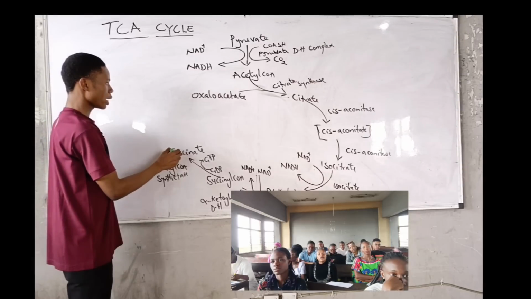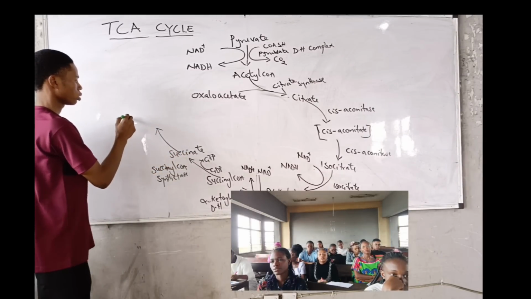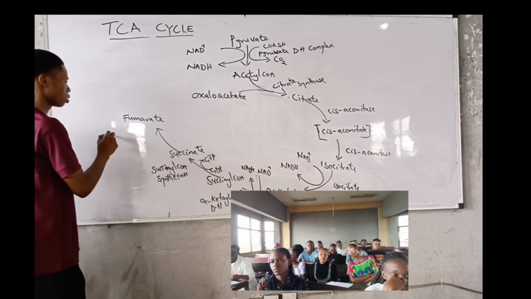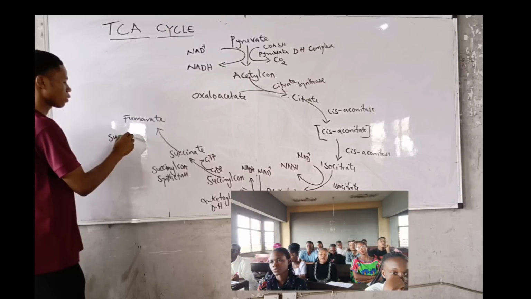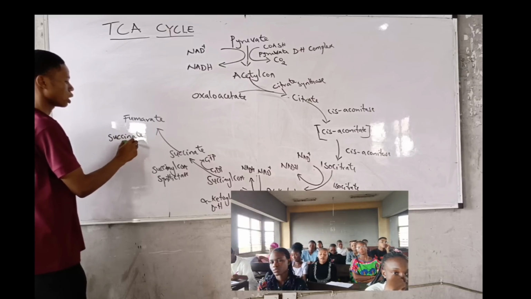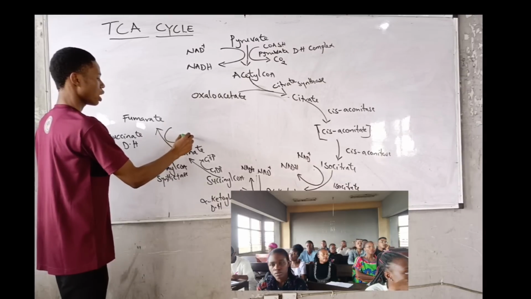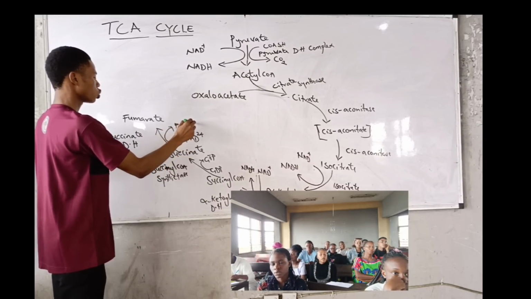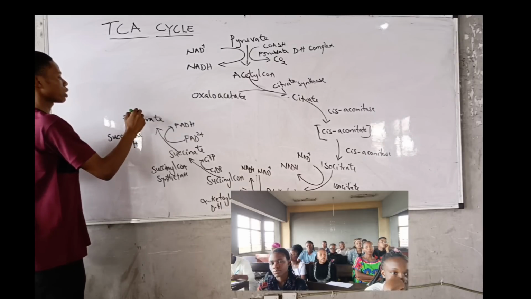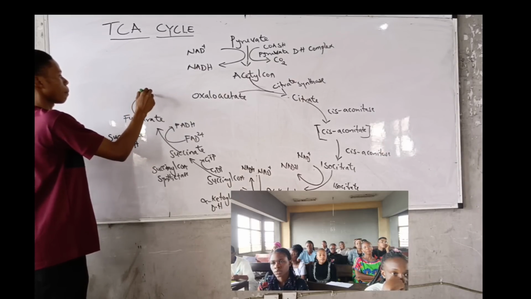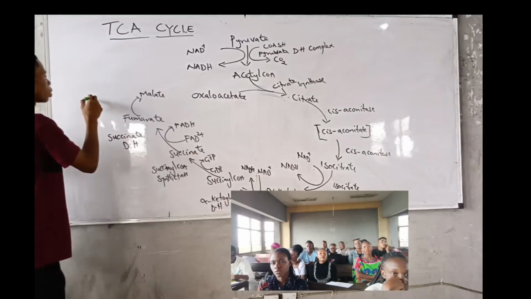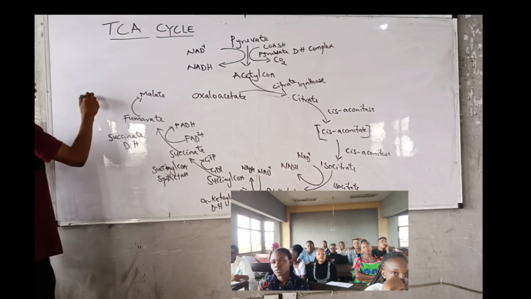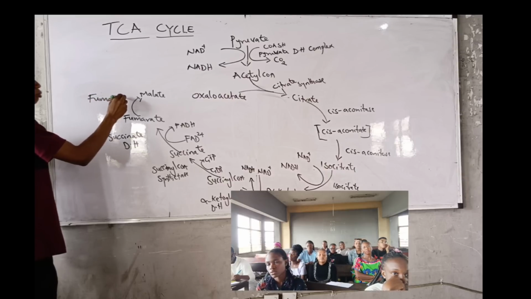Now, succinate here is converted to fumarate. And the name of the enzyme is succinate dehydrogenase. And FAD is converted to FADH2. Now fumarate is converted to malate, and the enzyme is fumarase.